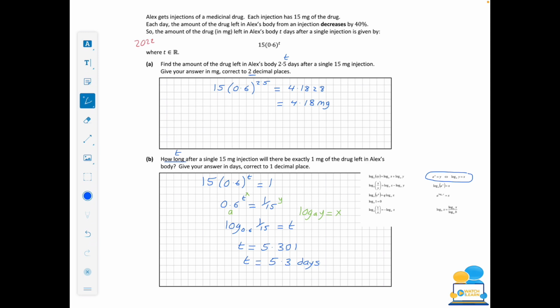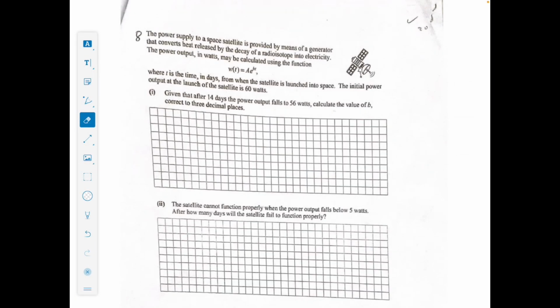This is a super common question. I'm going to do the next question now, and we're going to show that it's extremely similar. So this question is about power supply to a space satellite. If you can see what I mean now, these questions can be about anything, but they're all roughly the same, so we take the same approach to them all. The power supply to a space satellite is provided by means of a generator that converts heat released by the decay of a radioisotope into electricity.